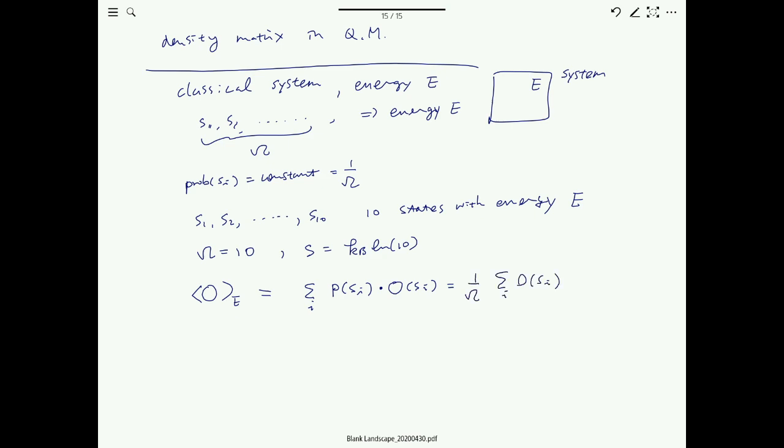Okay. So now what we want to do is imagine what would change if I consider a quantum system. So I have a given energy, E, and a certain Hamiltonian H, so I can try to find the energy eigenstates.